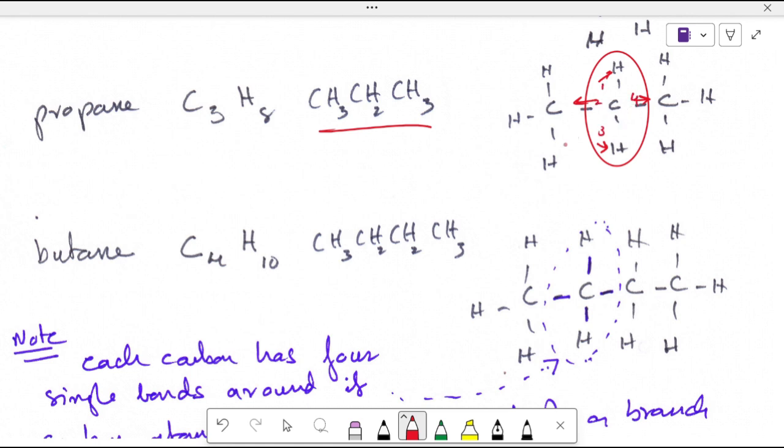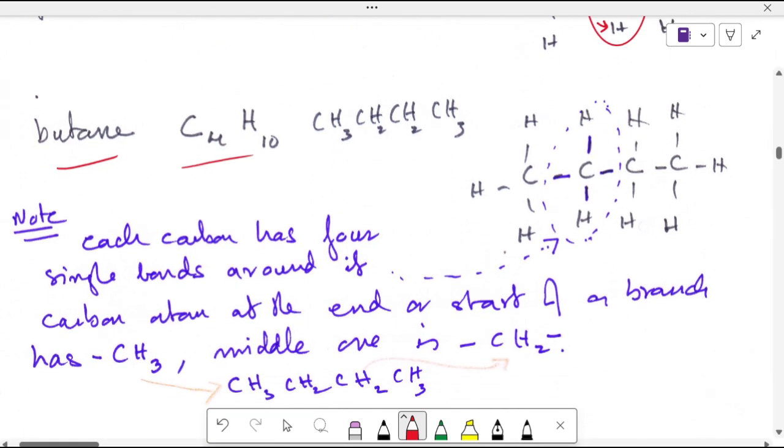And the same is the case with butane. And one thing, when you are looking at these structures, the carbons which are at the end of the chain have 3 hydrogen atoms, because one bond is formed with the other carbon. So you must remember this when you are drawing the structures of these compounds.